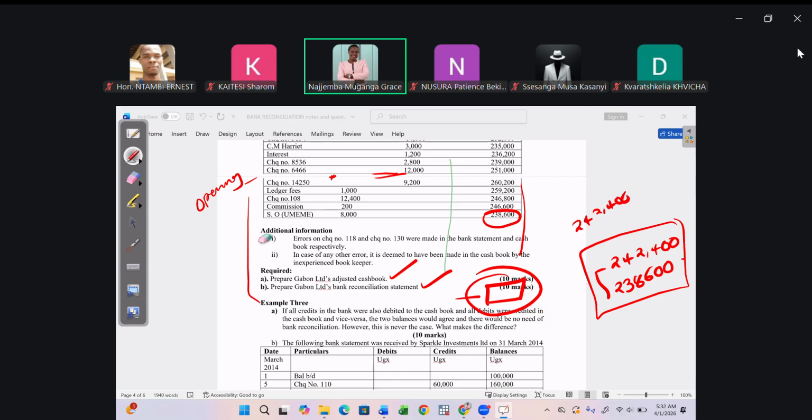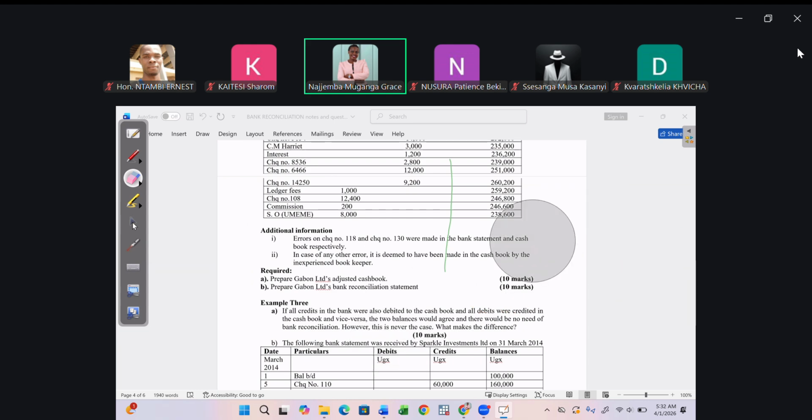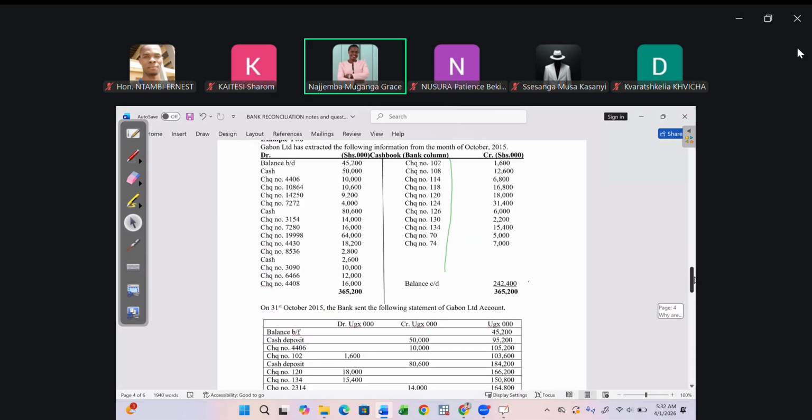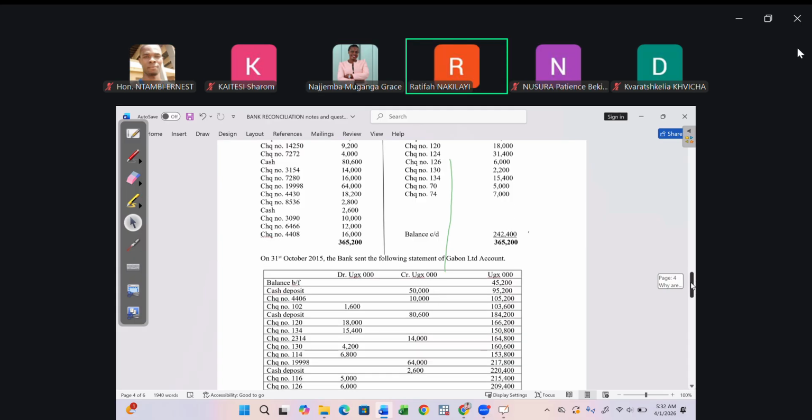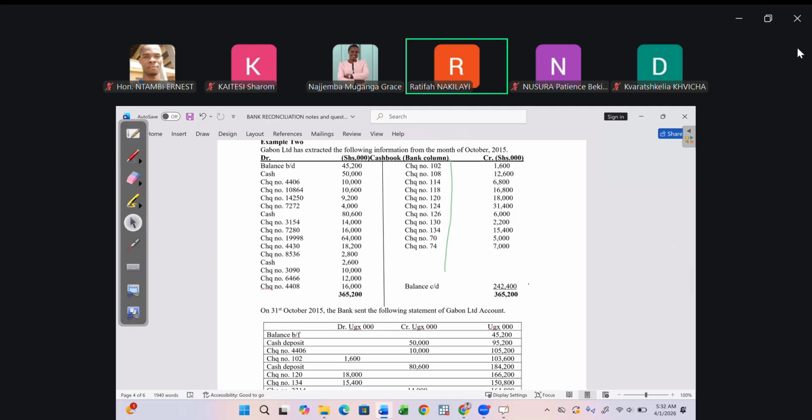Let's go through the steps. What did we say is the first step? Madam, you said we tick transactions in the cash book with their corresponding ones in the bank statement.